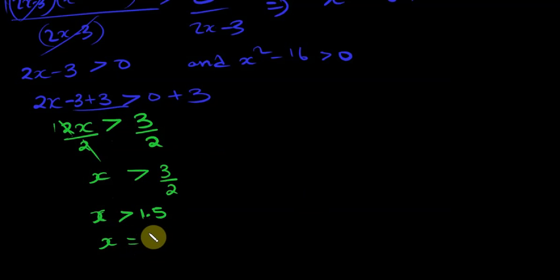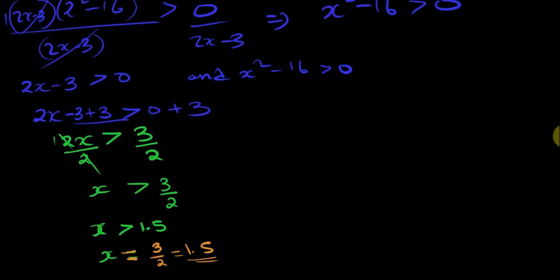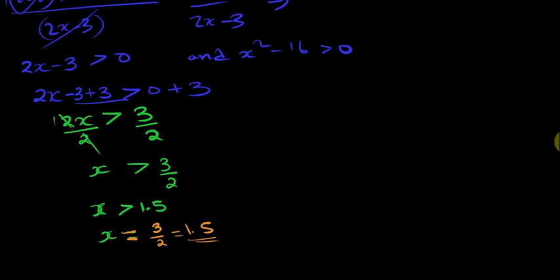So that's still okay. I'll just change the sign to an equal sign here. So this tells me that 3 over 2, which is the same thing as 1.5, is one of the roots of our given equation. All right.